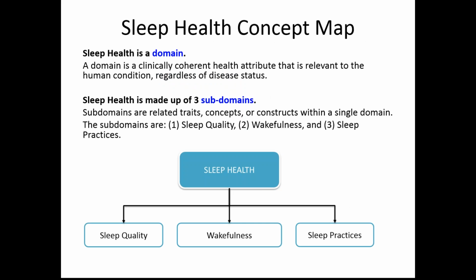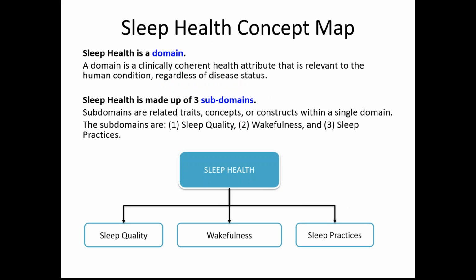So thinking about it the other way, if you start at the high level, sleep health is our domain of interest. That's the kind of universal health attribute that we're interested in evaluating. We define a domain. It's not exactly plain English, but this is the best we can do for now, and maybe we can translate the domain definition into plain English someday. We define it as a clinically coherent health attribute that is universal.